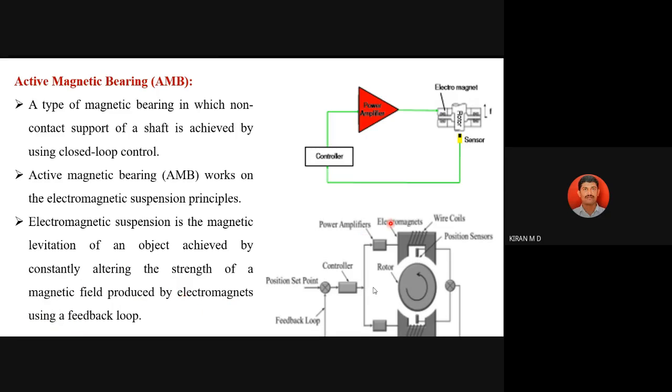When it is rotating, the load is acting in one direction, so the shaft will try to move downwards because of the load. The force is needed more in the direction in which the load is acting. By altering the force, here we require less and here we require more. So we alter the electromagnetic force to support the load. That is what we call the suspension principle.